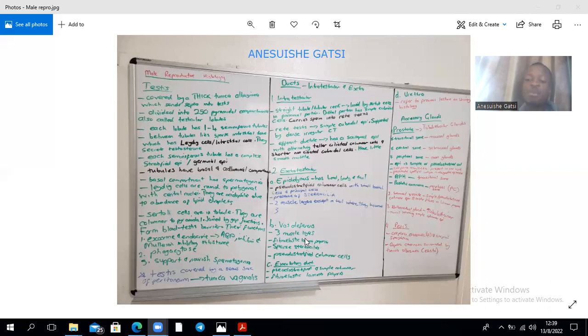Then its terminal part, remember, it dilates to form an ampulla, then a duct, which then joins the duct of the seminal vesicle to form the ejaculatory duct. The two vas deferens on the posterior surface of the bladder will separate your two seminal vesicles.